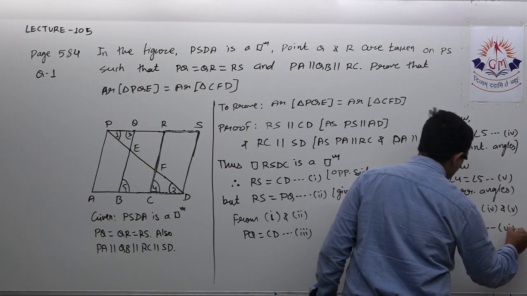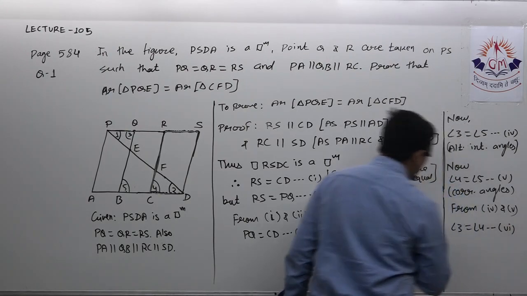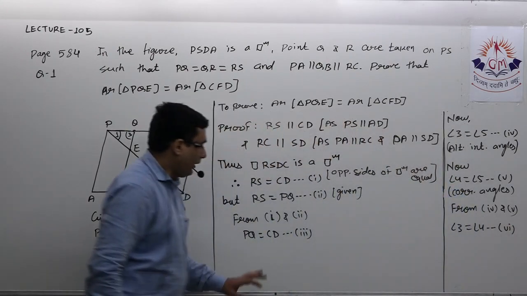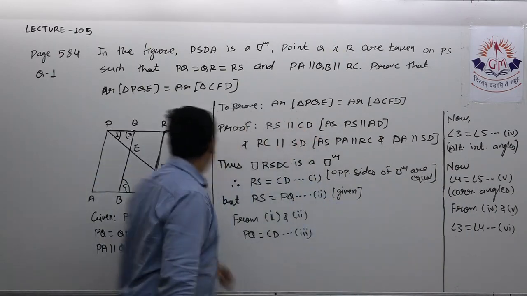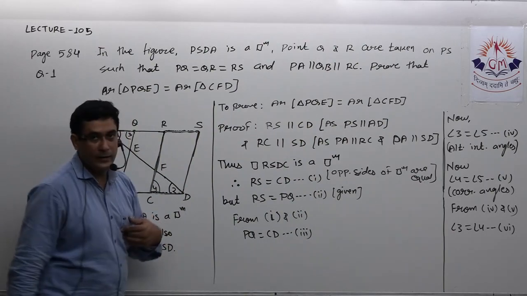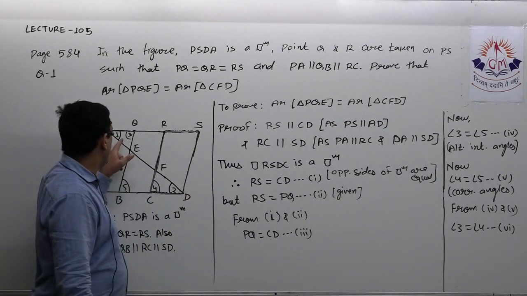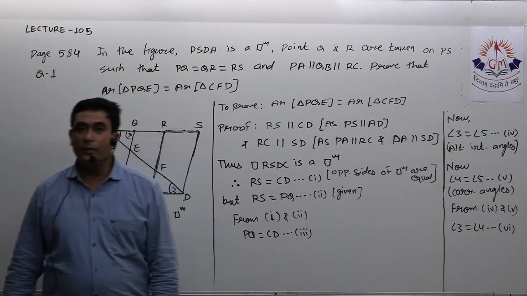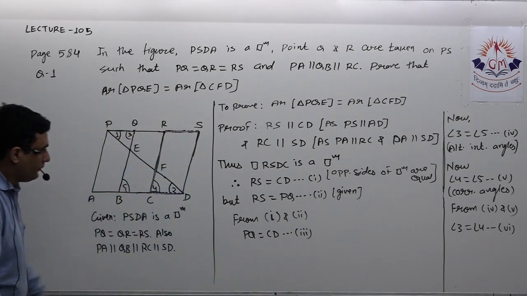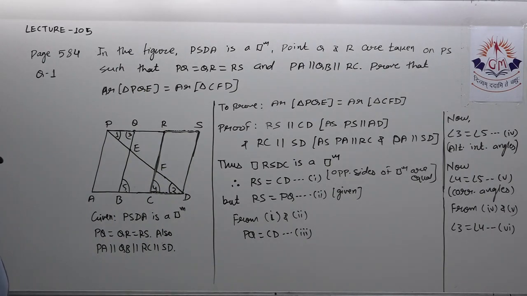Let it be equation number 6th. Okay, so I can say all the material is ready. We got PQ equal to CD, we got 3 equal to 4, and 1 equal to 2 I can use directly. So now I can prove the triangles are congruent by angle side angle, and hence I can say they will be equal in area. So it is almost done, but first of all note it down, then I will give you the remaining solution.